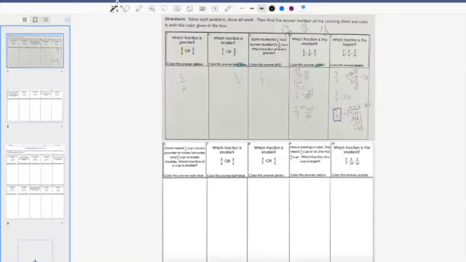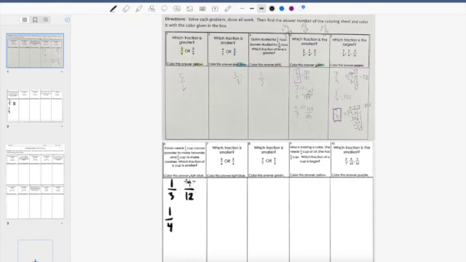Moving on to number 6. It says Edwin needs 1/3 cup cocoa powder to make brownies and a 1/4 cup to make cookies. Which fraction of a cup is smaller? So we're going to look at these fractions here, 1/3 and 1/4. And I'm just going to multiply 3 times 4, get 12.